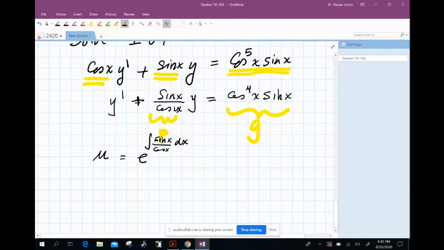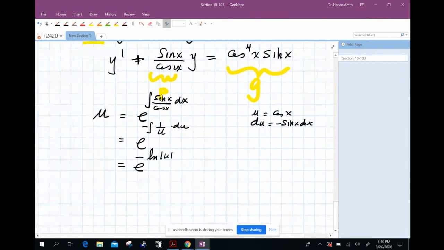That's not bad. That's u substitution. u equals cosine of x, du equals negative sine of x dx. So when we integrate, this will be e to the integration of negative 1 over u du. And the integration of 1 over u gives e to the negative natural log of u.